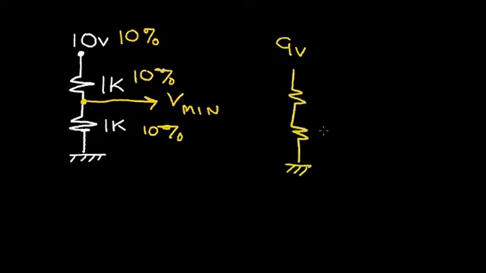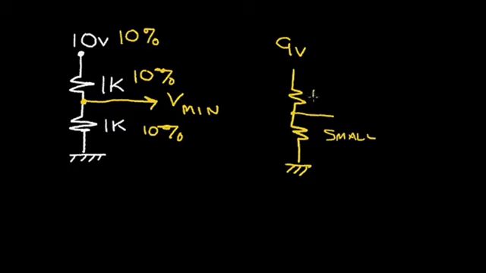So what should this resistor here be? Now, if that were 0 ohms, it would be shorted to ground. So if this becomes small, that causes the V min to drop.